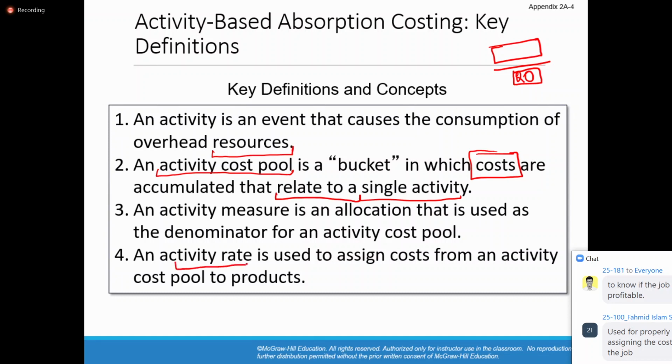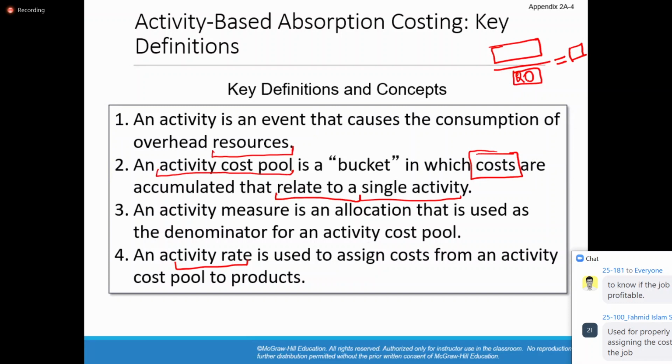You are getting the activity rate. Why are you doing this? You are doing this to get the cost which is applicable per activity.